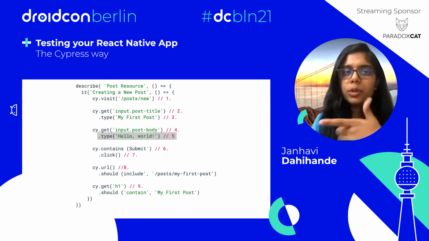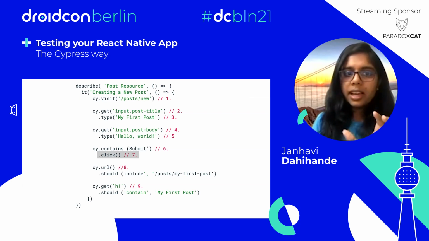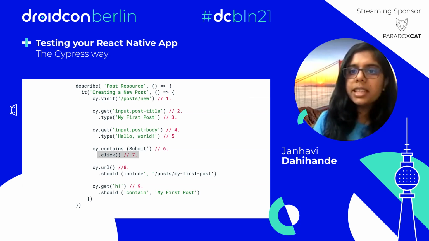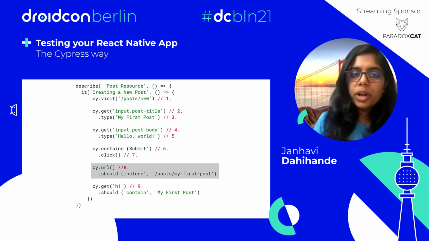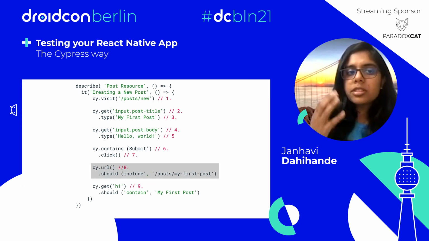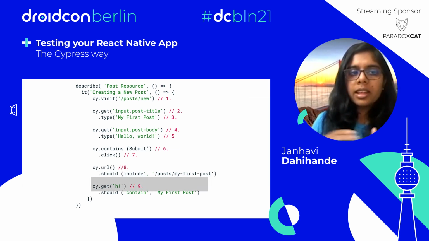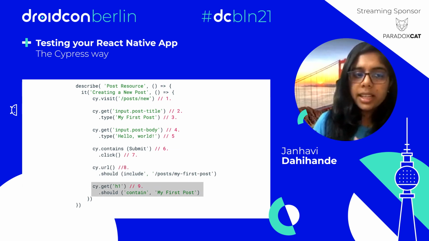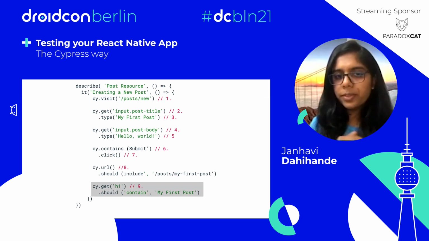So we get the input with hello world in it. We find the UI element that contains the text submit and then click on it. So basically, it's a button. Then we grab the browser URL and ensure that it includes /post/my first post. And we find the h1 tag and ensure that it contains the text my first post.